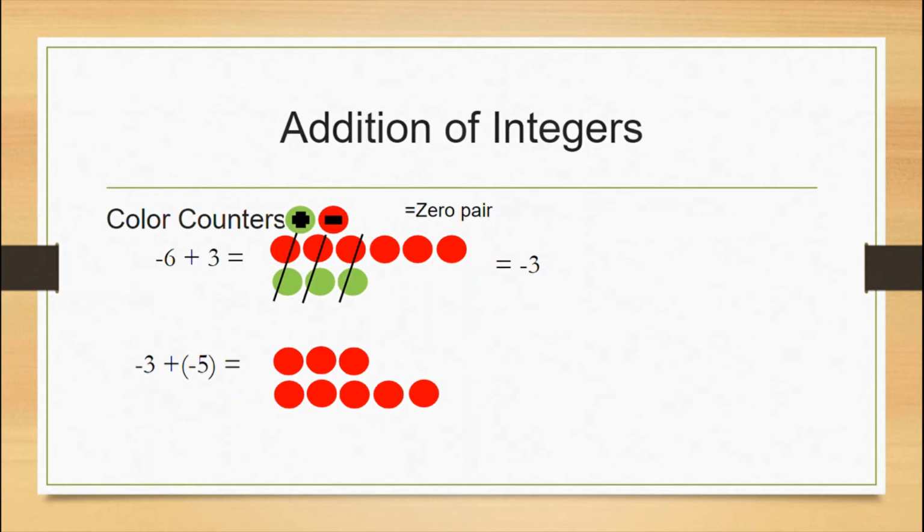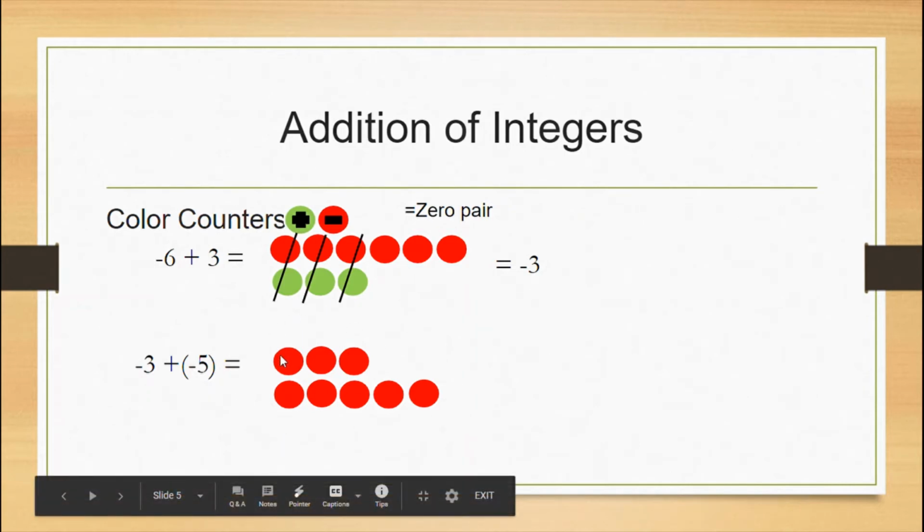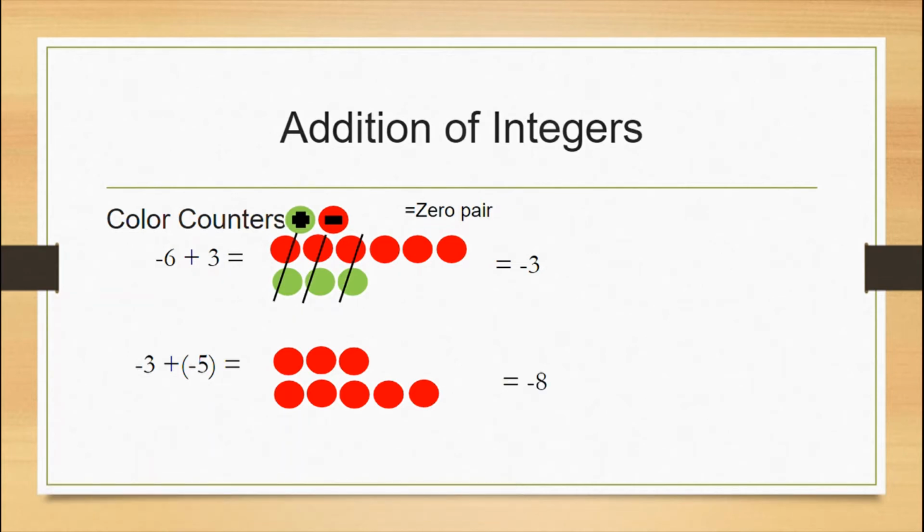Based on our counters here, we don't have green counters, so we're just going to count the total red counters that we have here. So we have 1, 2, 3, 4, 5, 6, 7, 8. 8 red counters. So for our answer, we have negative 8.